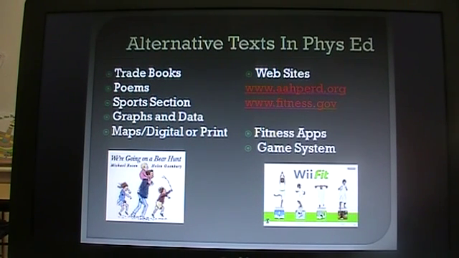Also, they can use fitness apps. There's a ton of them out there. And the gaming systems usually have directions that a student might have to read and follow and connect with. By using a variety of texts, students have the opportunity to see topics that they are learning in many different ways.